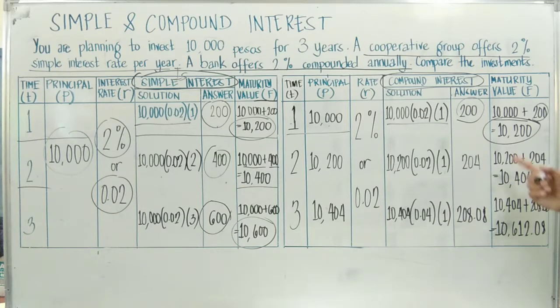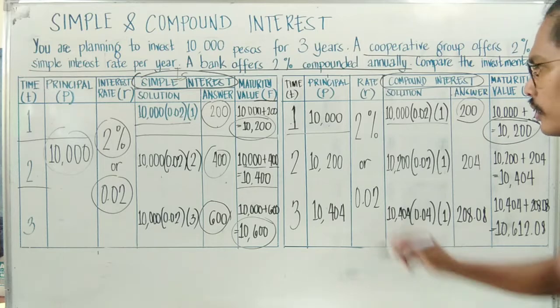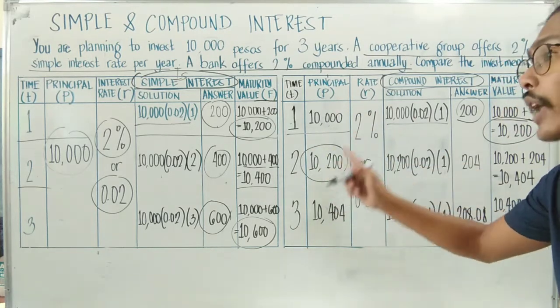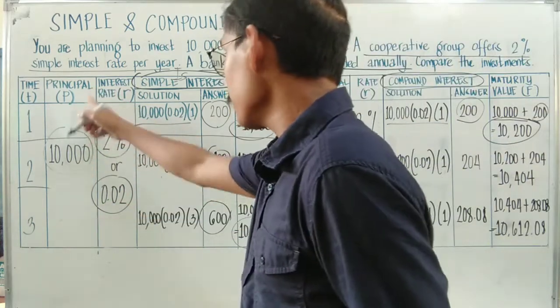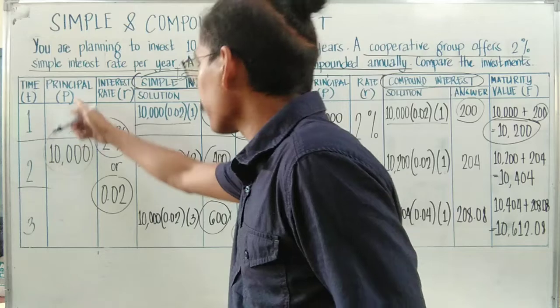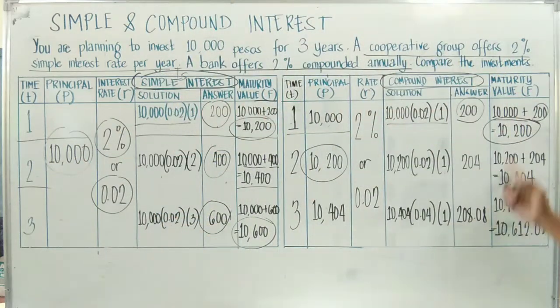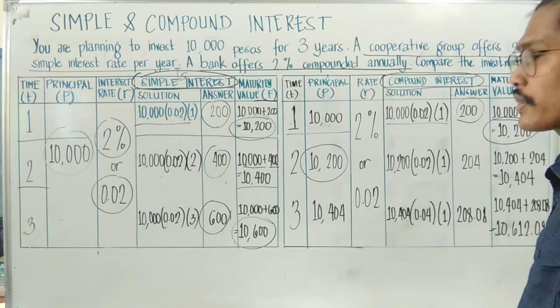So the same on the first year of investment. But on the second year of investment, your principal will become 10,200. If you can see on the principal of your simple interest in here, the principal remains constant. But in here, it is the thing that we call the accumulated interest of the previous principal.